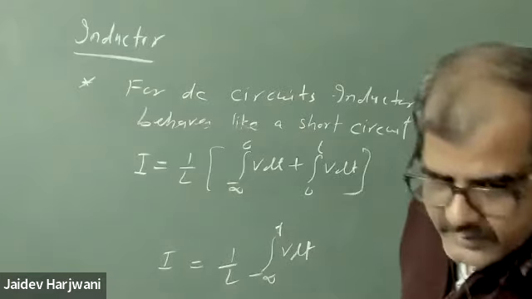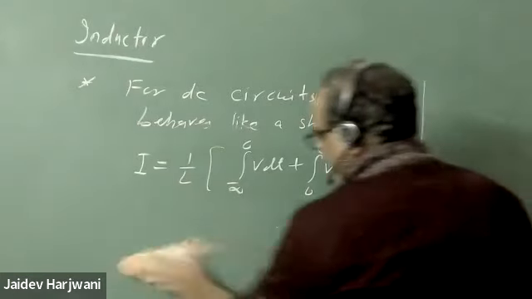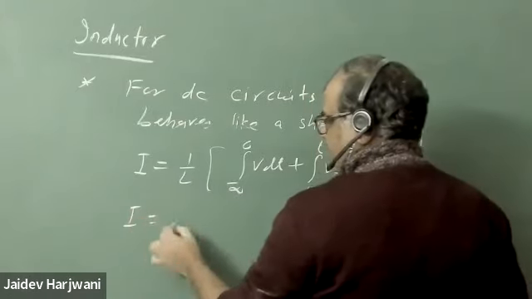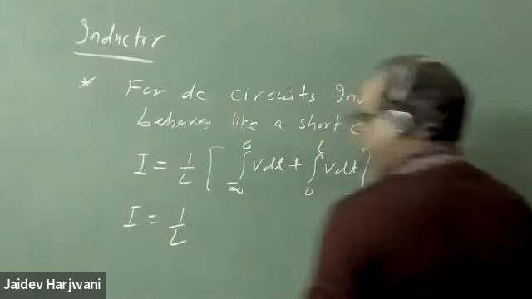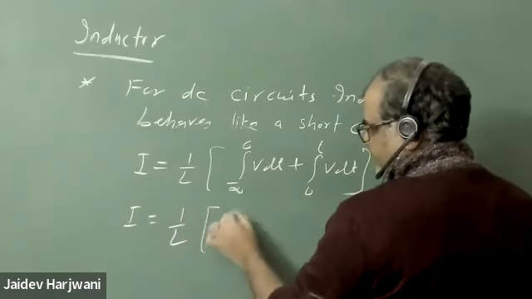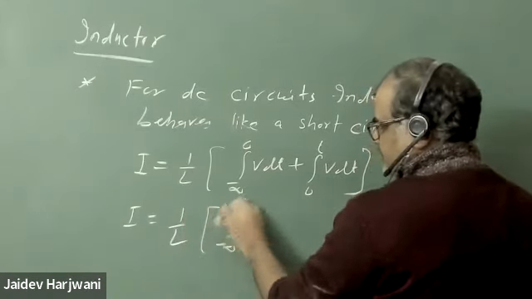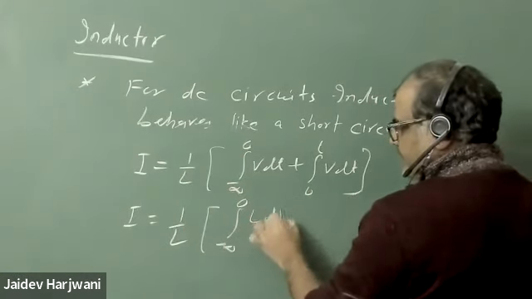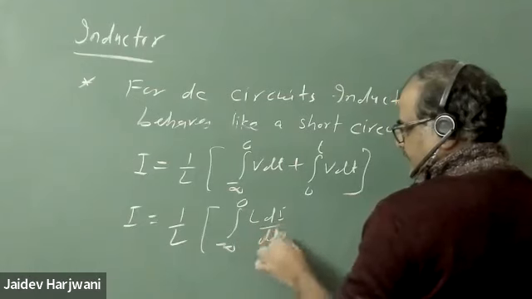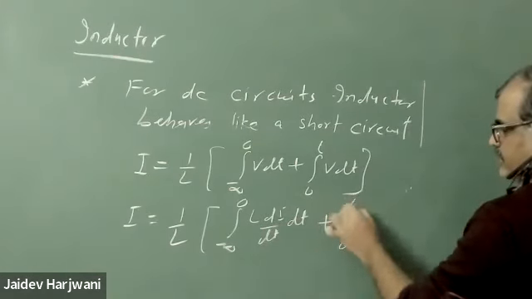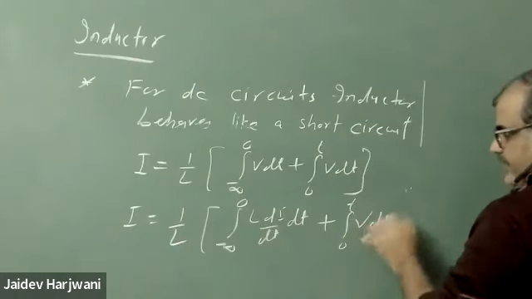So your I will become 1 by L, minus infinity to 0 of V dt, plus 0 to t V dt.